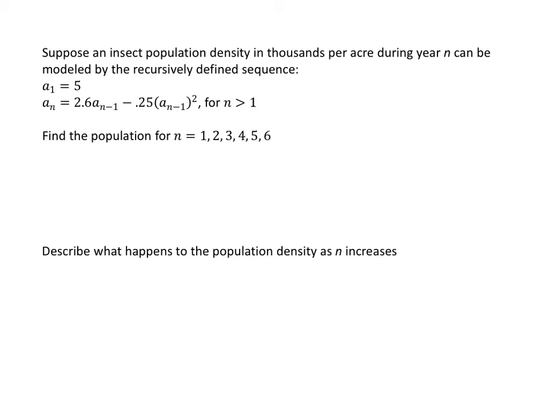A sub 1 is simply 5. To find a sub 2, we need 2.6 times the number before it minus 0.25 times that same number squared. And that will give us about 6.75.